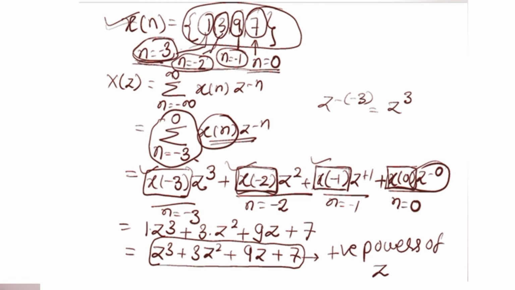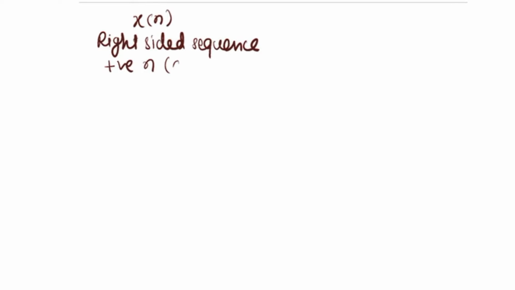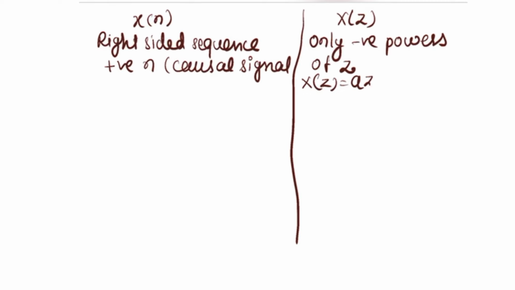So, we can conclude when our x[n] is a right-sided sequence, means it exists only for positive n, or we can say it is a causal sequence or causal signal, then we have seen that X(z) will contain only negative powers of z, like X(z) equals A z inverse plus B z to the power minus 2, where A and B are constants.